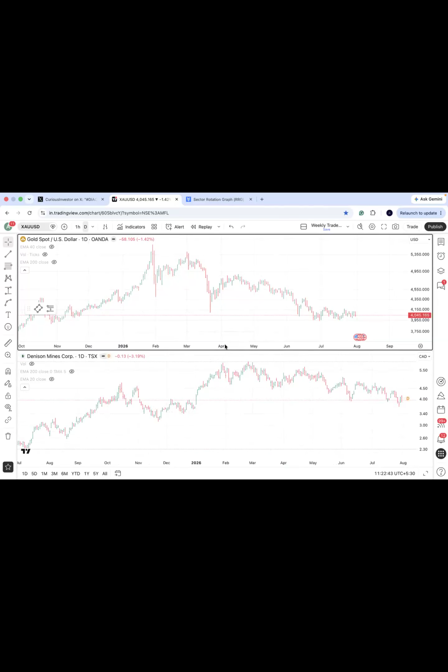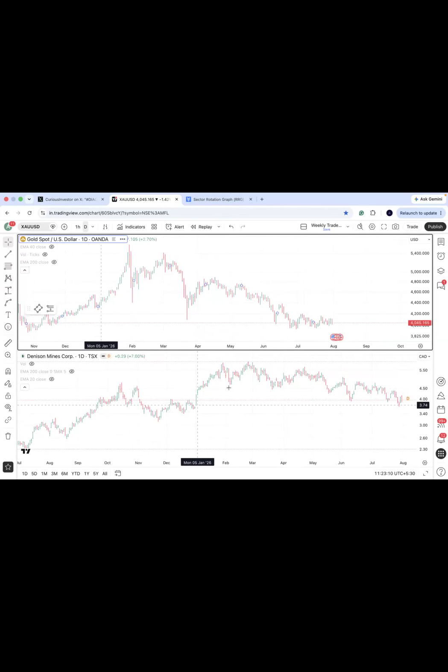In India, gold producing companies are hardly there. Hardly one company is there, which is still under process, which we discussed, Deccan Gold as well. If we compare this gold chart with the Denison Mines chart, you will find similarities in the last 6 months. It is moving quite similarly.